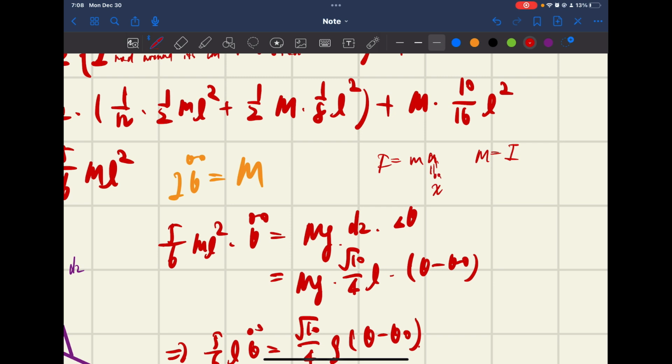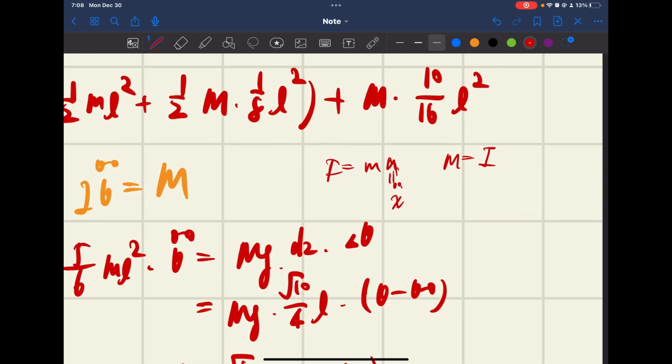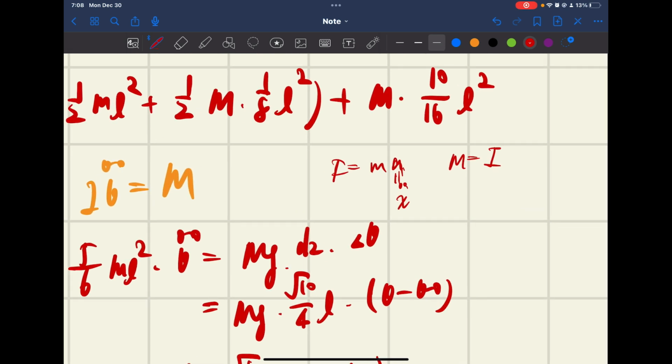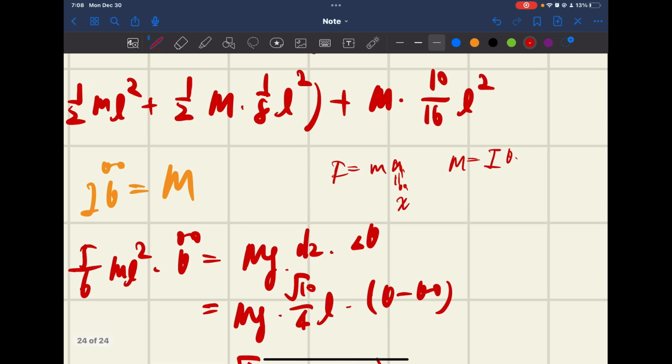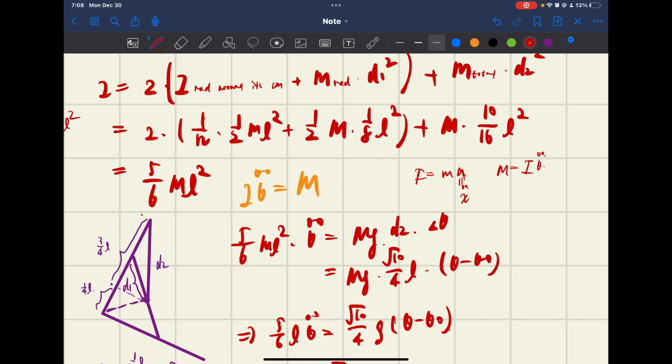You can check my previous videos about analytical mechanics for this notation. We're dealing with rotations here, so we replace the second derivative of x with the second derivative of theta, which is angular acceleration.